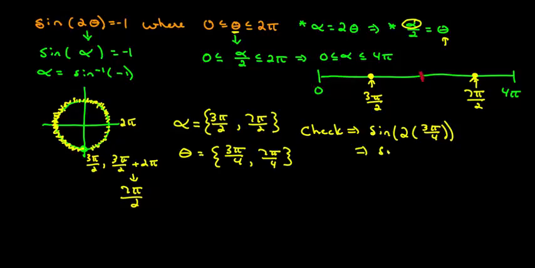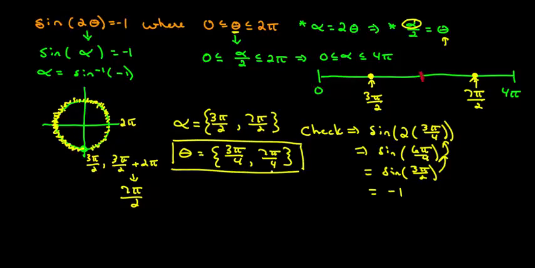This is the sine of 6 pi over 4, which is the sine of 3 pi over 2, which is -1. Notice that if we work our way backward, that's how we went from 3 pi over 4 right here to 3 pi over 2. So these are my angles that fall between 0 and 2 pi.